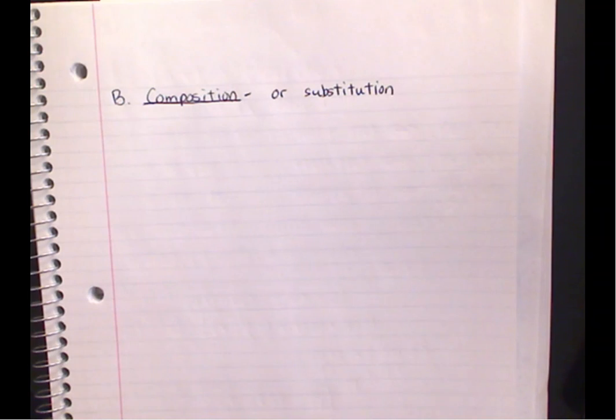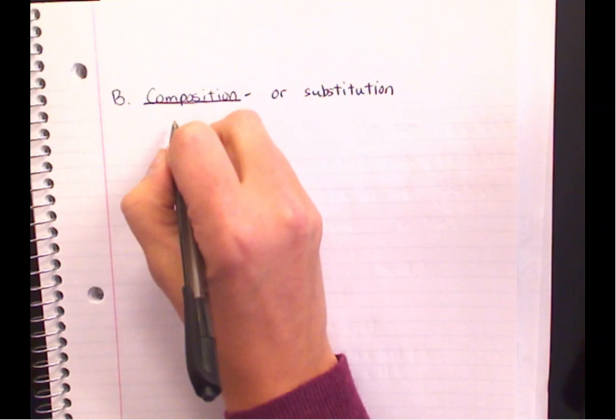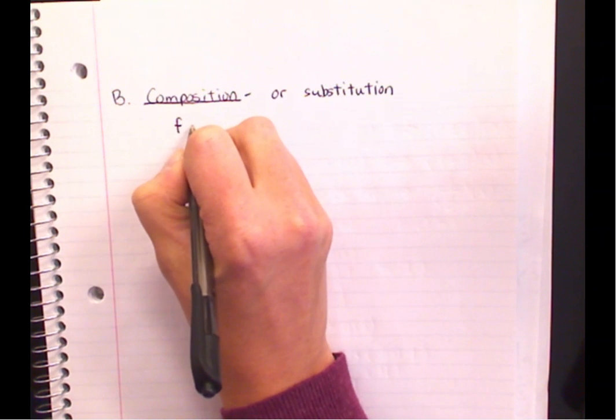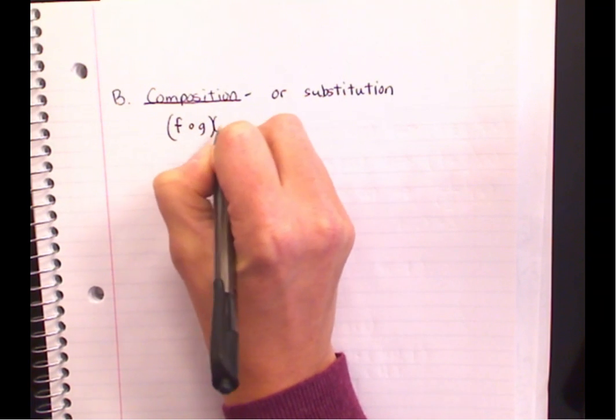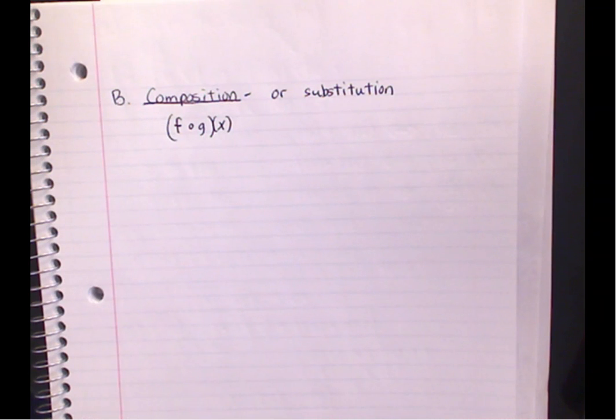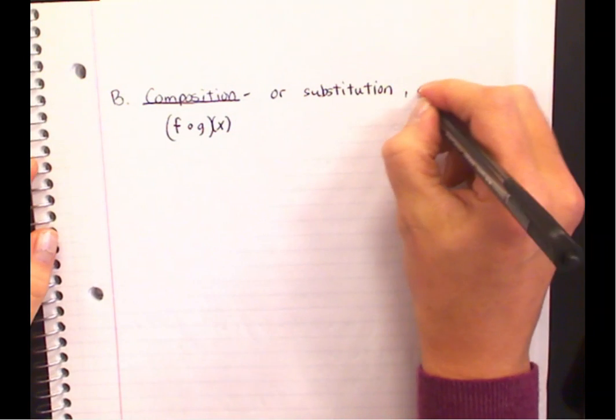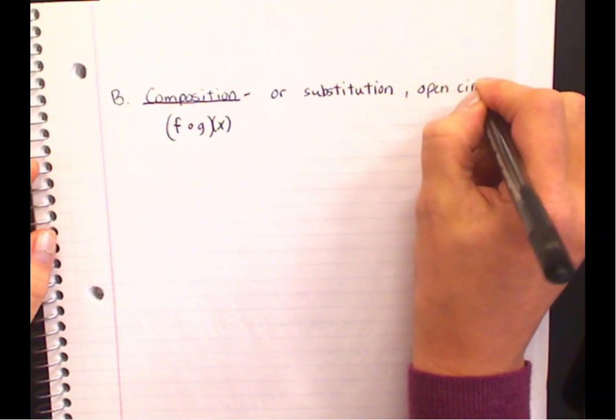All right, let's look at the notation that goes with our composition. It looks like f circle g. It's an open circle. It's not a multiply, it's an open circle. I'll write that up here.